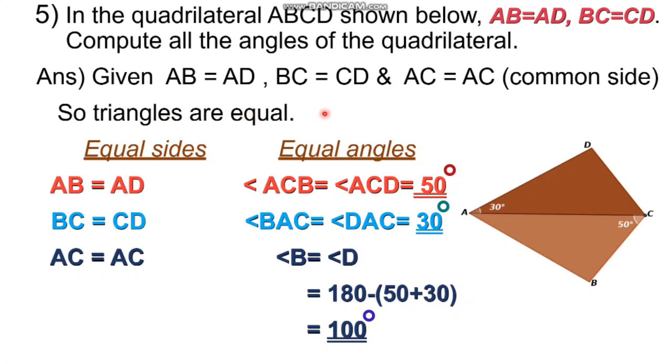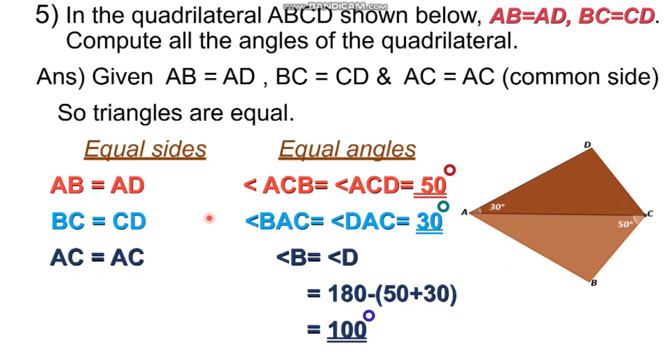So we need three pairs of equal sides. Then only we can say the triangles are equal triangles. Now, here written the pairs of equal sides and the corresponding equal angles. The question is to compute all angles of the quadrilateral. First we can find out the angles of the triangle. Then we can find out the angles of the quadrilateral.